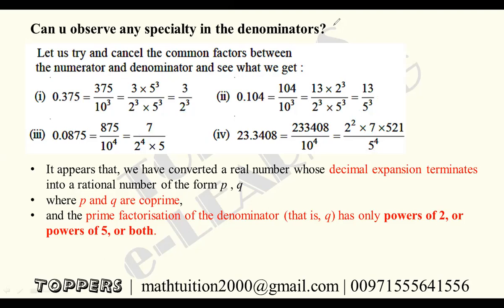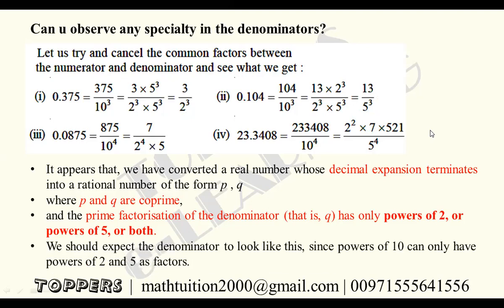From this, we can give a theorem. So we should expect the denominator to look like this. Since a power of 10 can only have powers of 2 and 5 as factors, the fundamental theorem of arithmetic guarantees that, right?